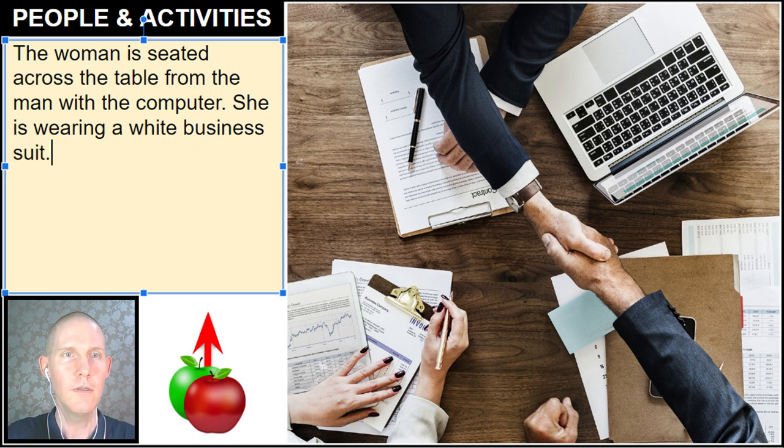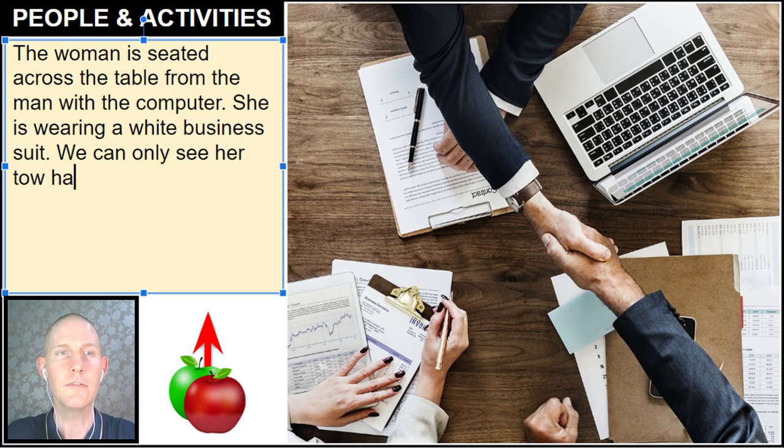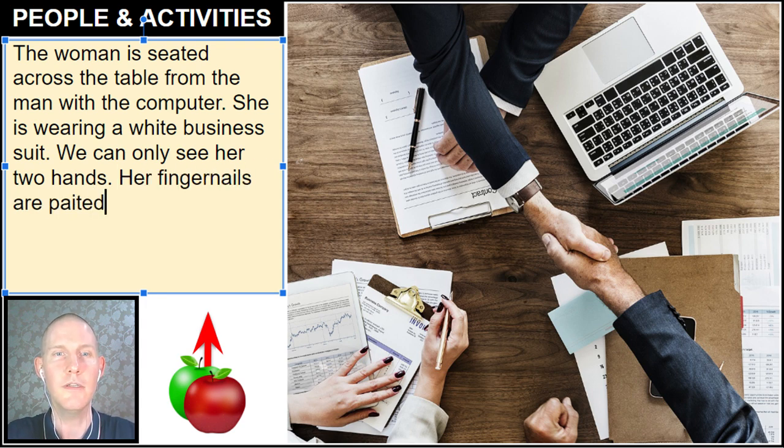Let's see. We're in a white business suit, okay? We can only see her two hands. Her fingernails are painted a dark color. I'll probably need to spell that right.